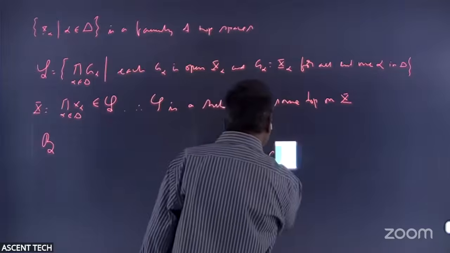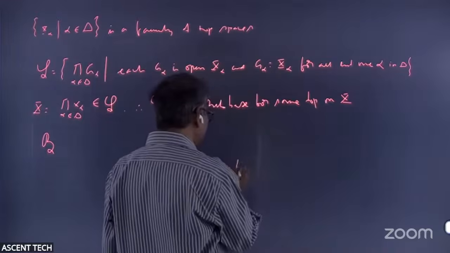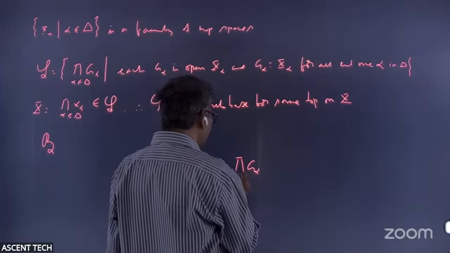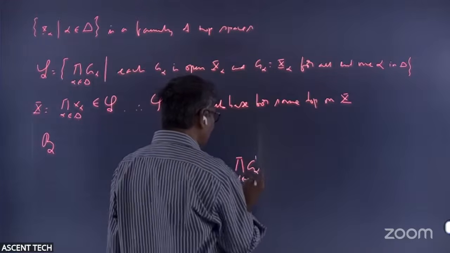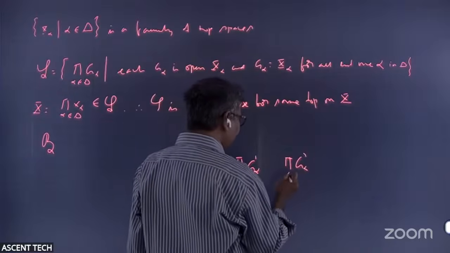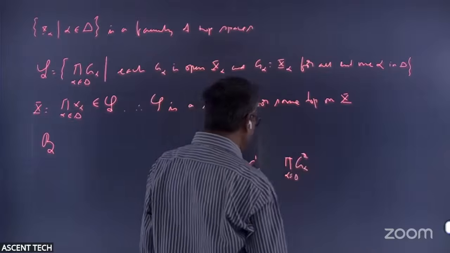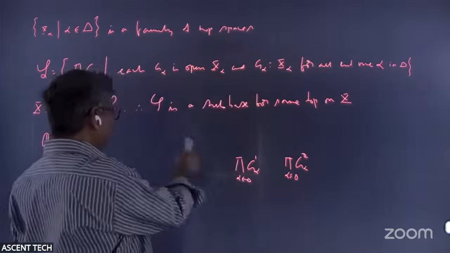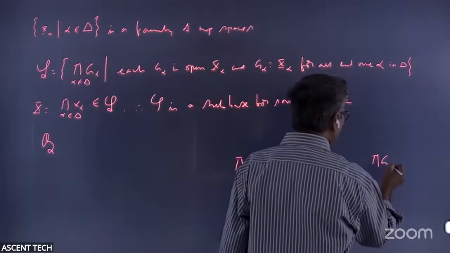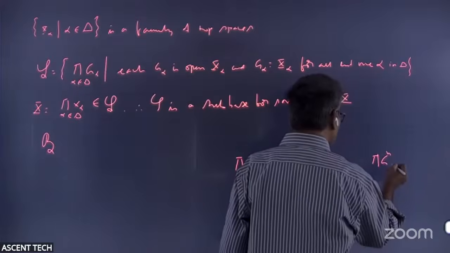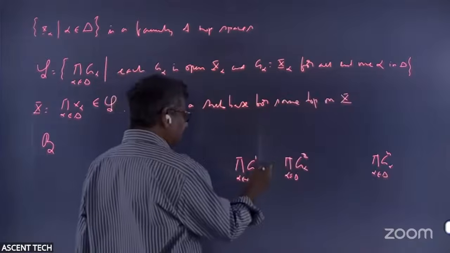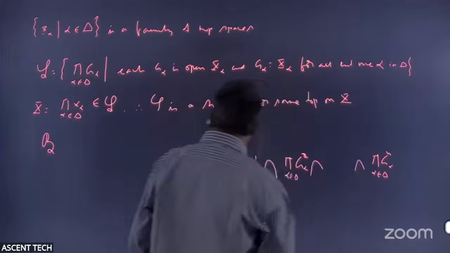This is one subbasic set, this is another subbasic set, and so on. I have a whole lot of subbasic sets, and their intersections are what make up the basis.